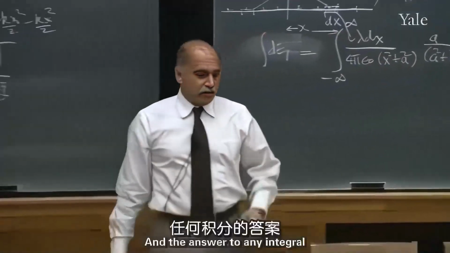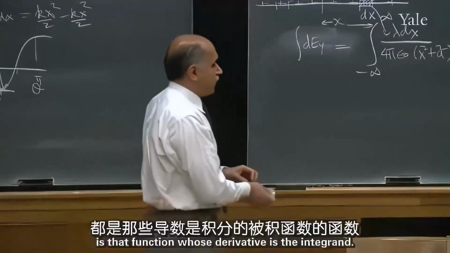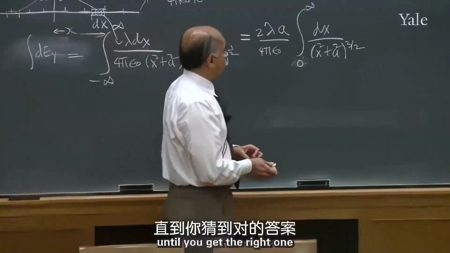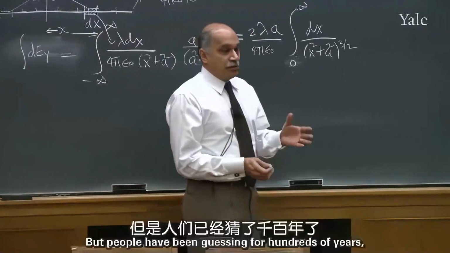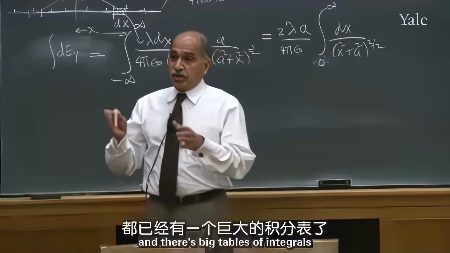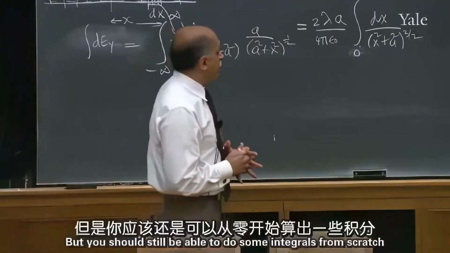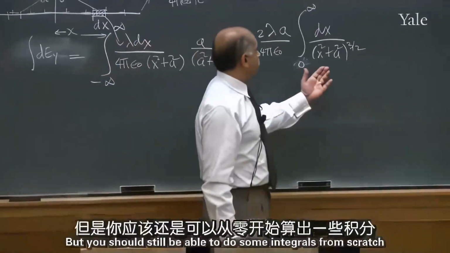And the answer to any integral is that function whose derivative is the integrand. So what you have to do is guess many answers till you get the right one. But people have been guessing for hundreds of years, and there are big tables of integrals with all the integrals you want. But you should still be able to do some integrals from scratch, and I'm going to tell you how to do this one.